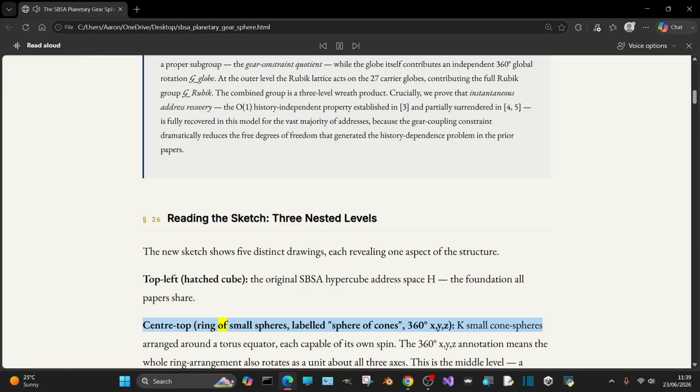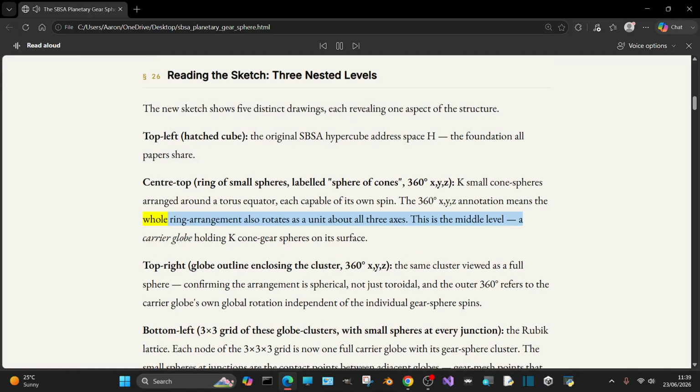Center top, ring of small spheres, labeled sphere of cones, 360 degrees X, Y, Z, K: small cone spheres arranged around a torus equator, each capable of its own spin. The 360 degrees X, Y, Z annotation means the whole ring arrangement also rotates as a unit about all 3 axes. This is the middle level, a carrier globe holding K cone gear spheres on its surface.